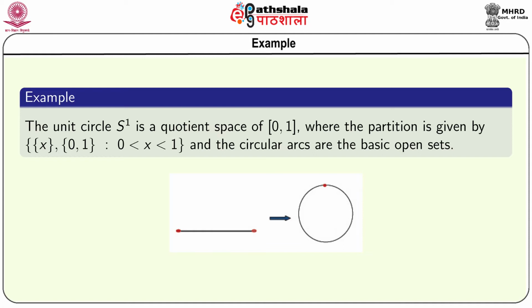That means, we are starting with a line segment from 0 to 1. In the diagram, we take a line segment from 0 to 1. The points 0 and 1 are drawn in the figure by red dots. This identification says that we are gluing these two red dots together.